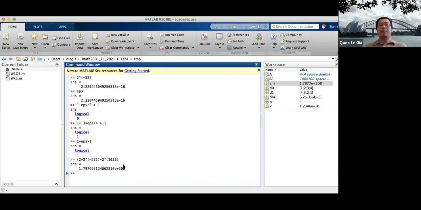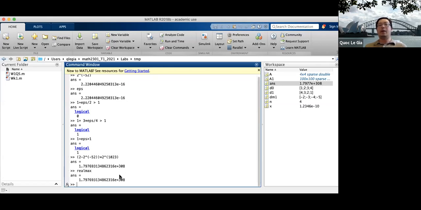So I got this big number, 1.7910 times 10 to the 308. If I put in realmax, I got the same number. So realmax is the maximal normalized real number the double precision floating point system can handle.